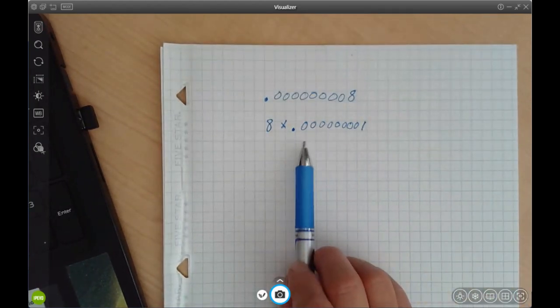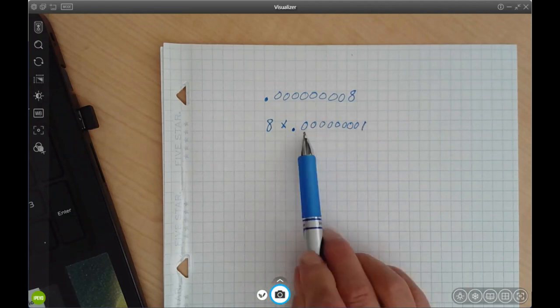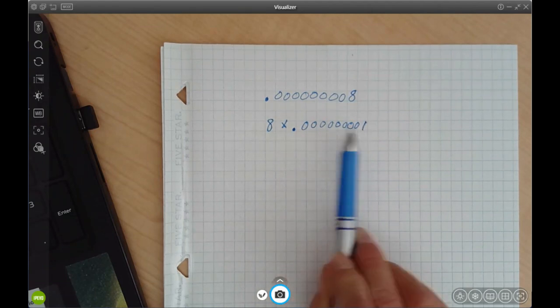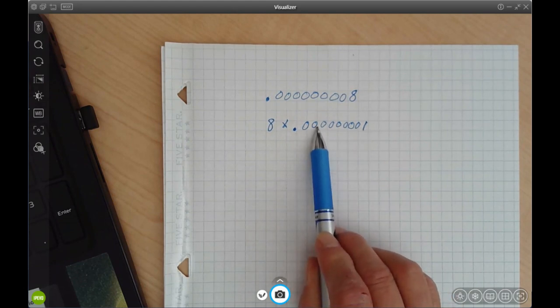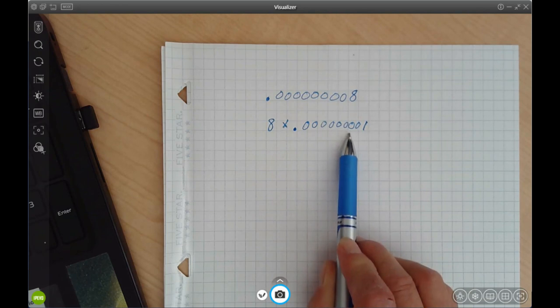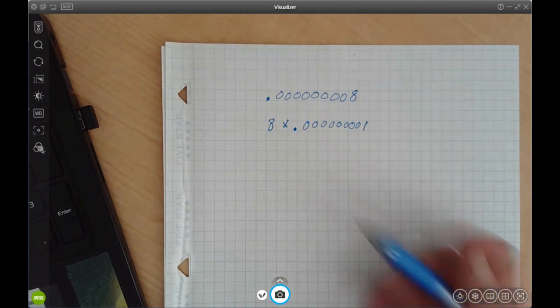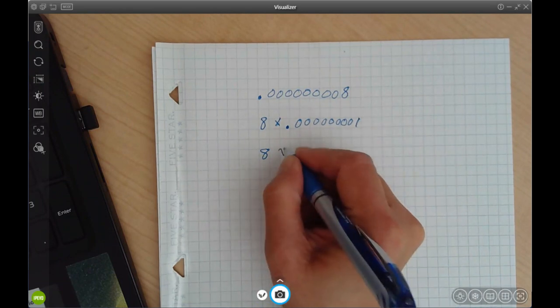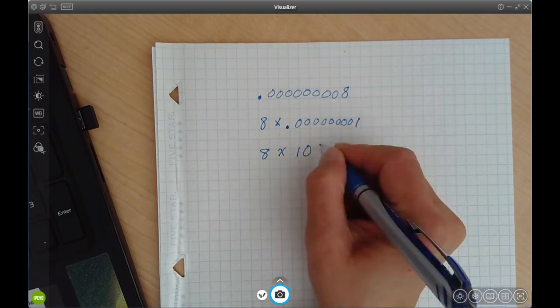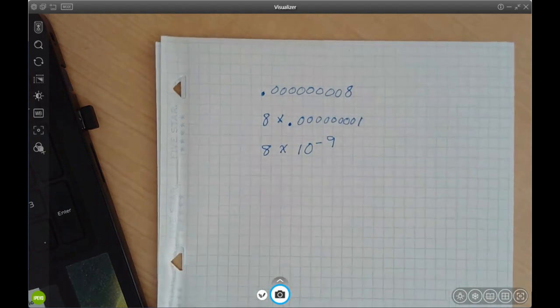When we try to write it in scientific notation, we don't count the zeros. We count the place values. So there's 1, 2, 3, 4, 5, 6, 7, 8, 9 place values. So this number in scientific notation is 10 to the negative 9.